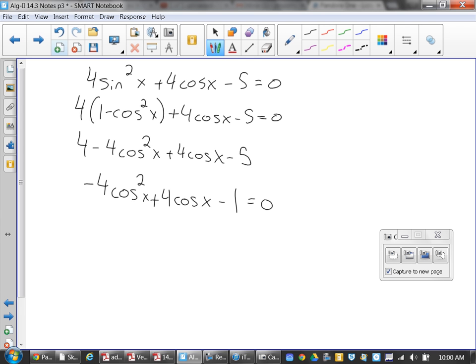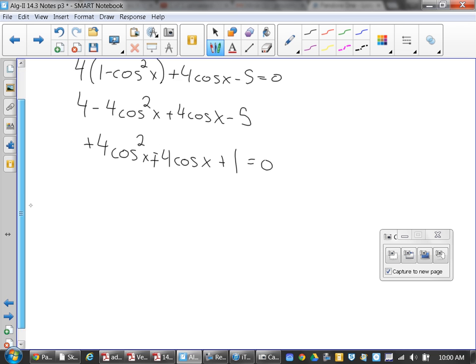Now what am I going to do? I'm going to change all my signs real quick, and then I'll use u substitution. So I'm going to change all my signs by multiplying by the negative, and this becomes positive, negative, positive. So I'll rewrite it in terms of u.